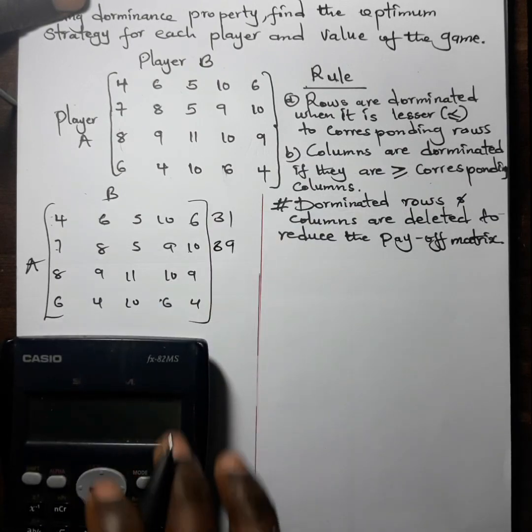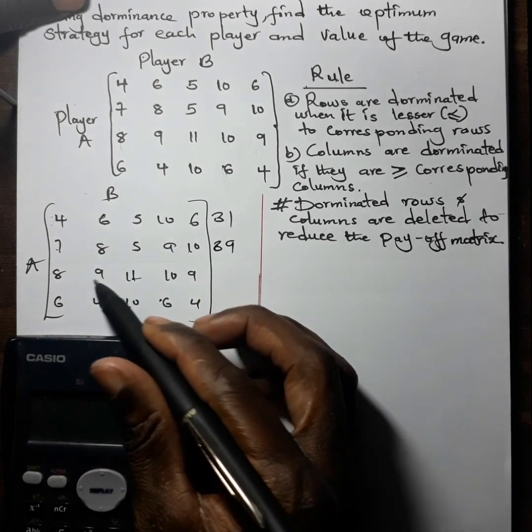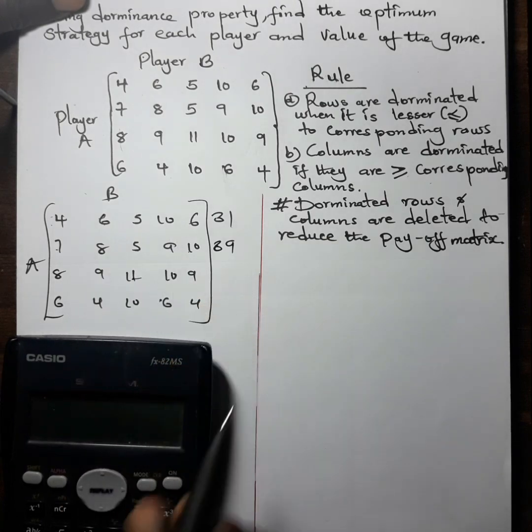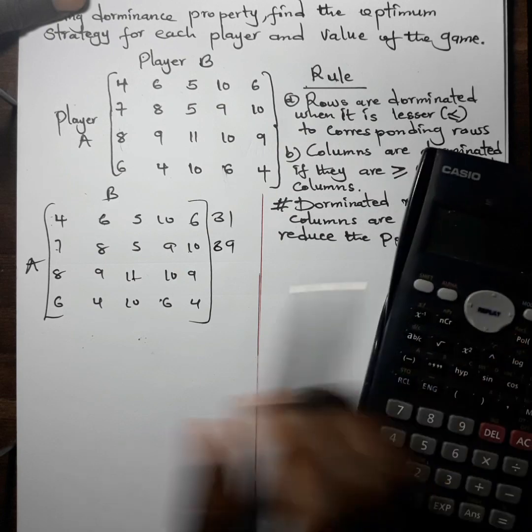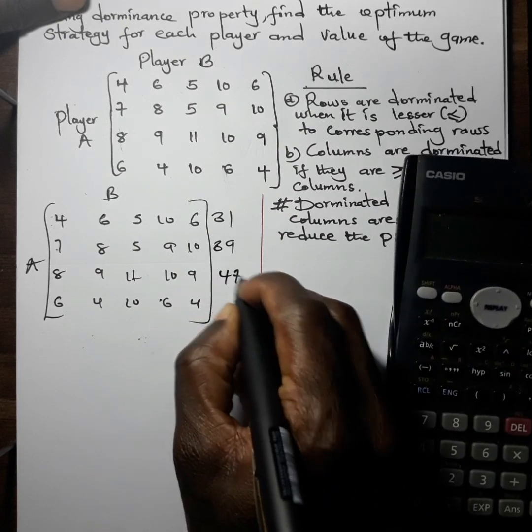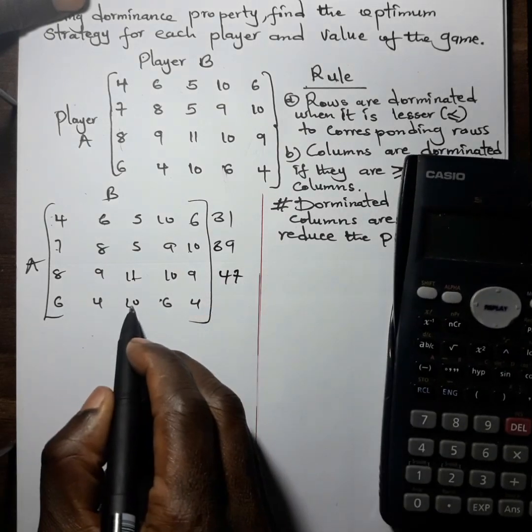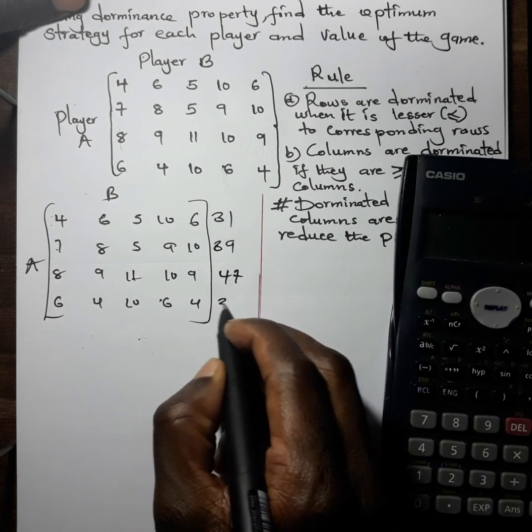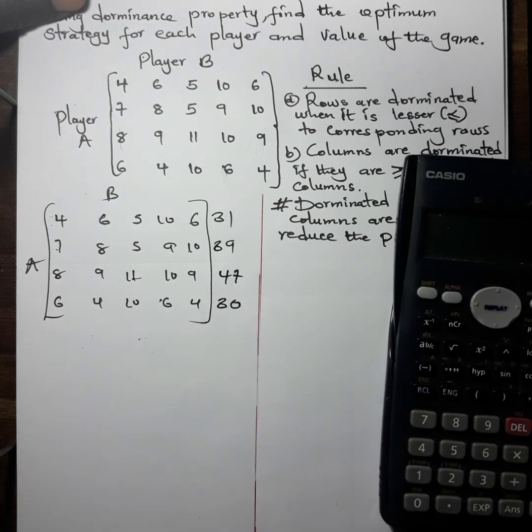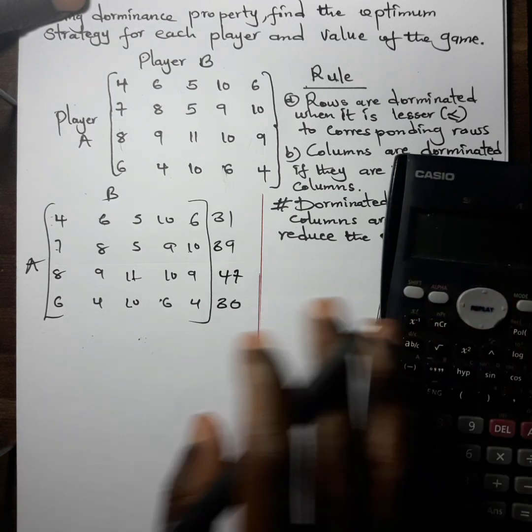Then we have 20 plus 18 is 47. We have 10, 20 plus 10, that is 30. We've done that. Then also find the total.